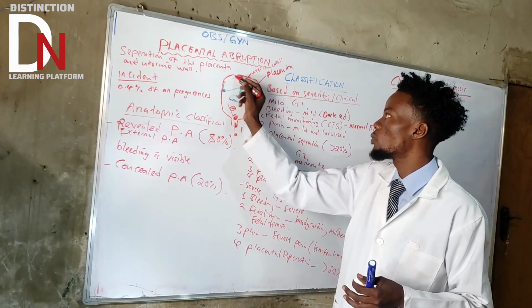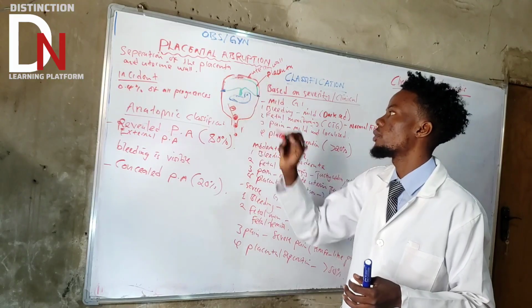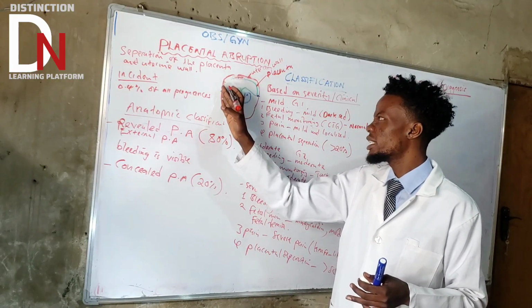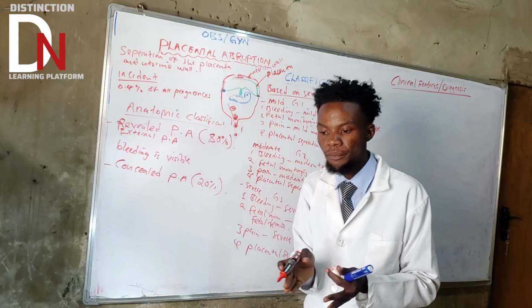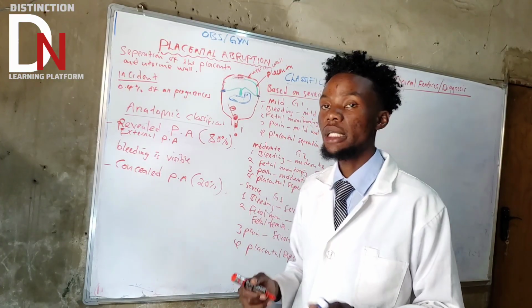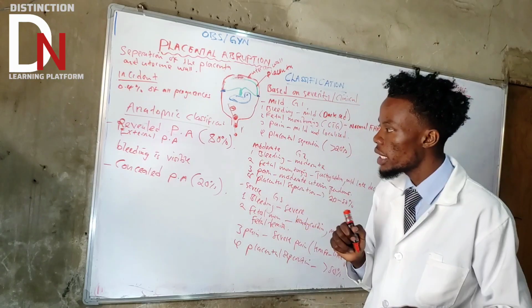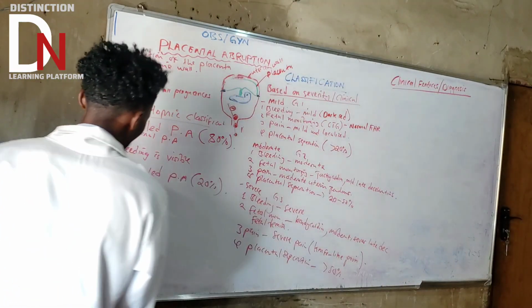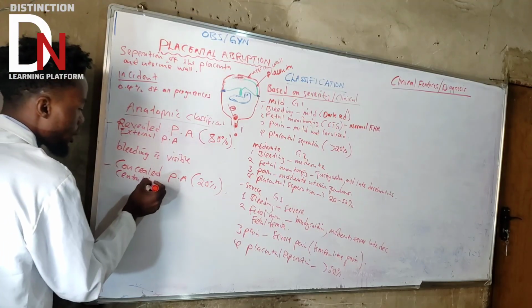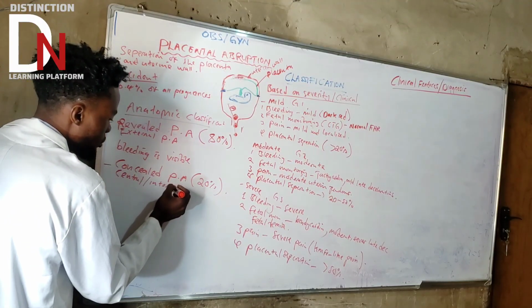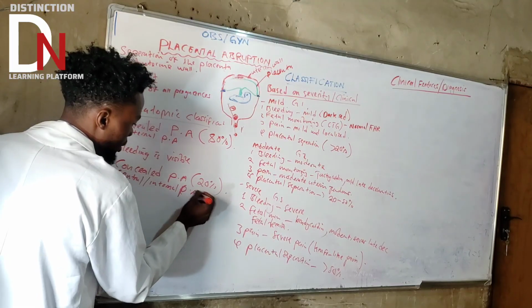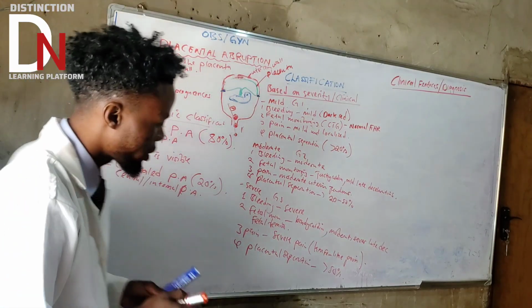So the bleeding will just be there. Unlike revealed, where the dissection happens near the margin so that the margin can also be dissected and blood can start coming out. No wonder concealed is sometimes called central or internal abruption. This is the reason why it is called that.